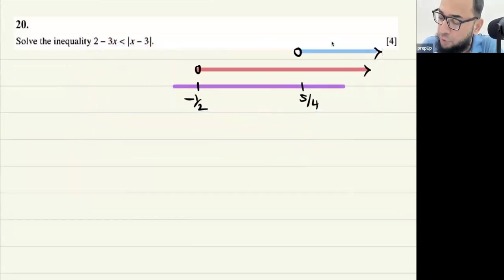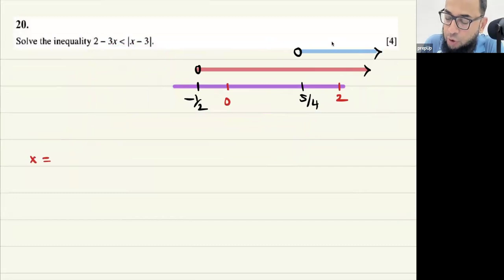Let me choose a value between minus half and 5 over 4. Let me choose the value 0. And let me choose another value greater than 5 over 4. Let me choose the value 2.